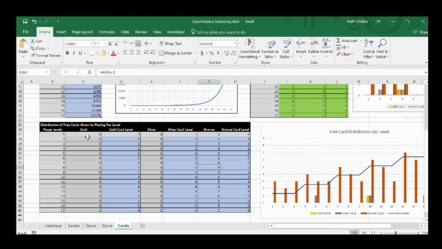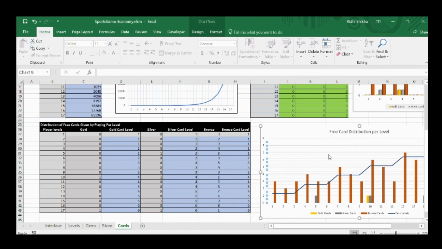We just made a simple function to find out how to distribute these. For silver and gold cards, we're using round-off functions to give them at particular levels. Gold cards are given at the 10th and 17th level. Silver cards are given every 5 levels: 5th level, 10th level, 15th level, and since the 17th level is the last one, at the 17th level too.